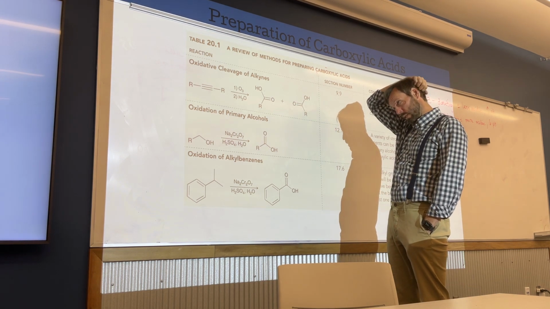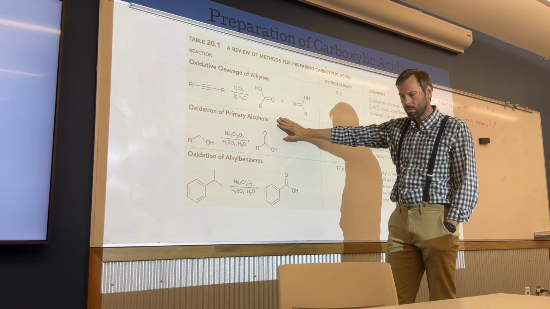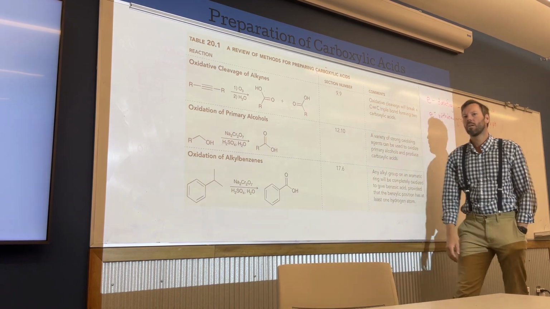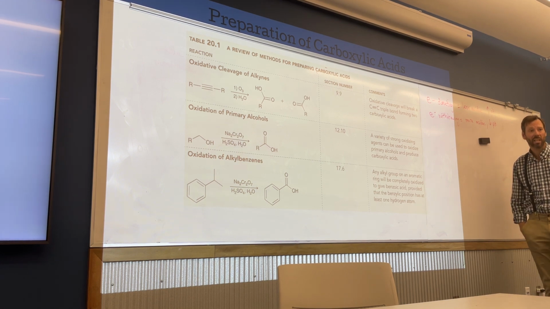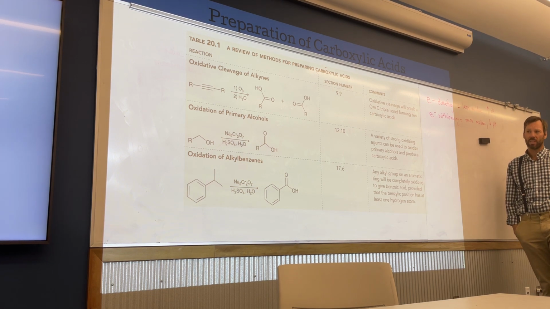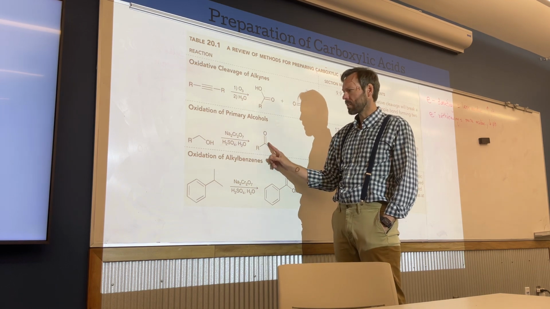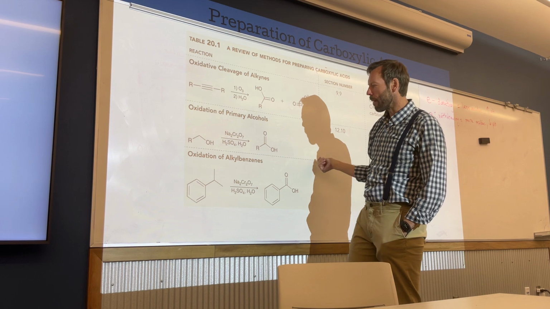Likewise, you can take a primary alcohol and use that to derive a carboxylic acid. You can't do a secondary carbon. If it was a secondary carbon, it's not going to have a very good leaving group, so we're not going to promote the oxidation of it. But with the primary, we get away with that.